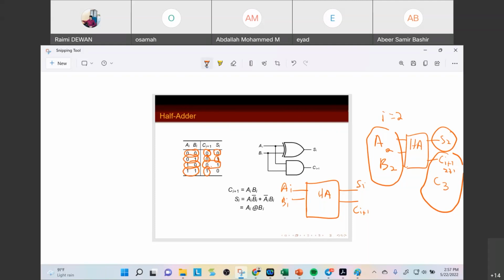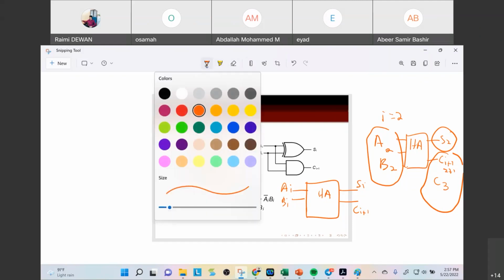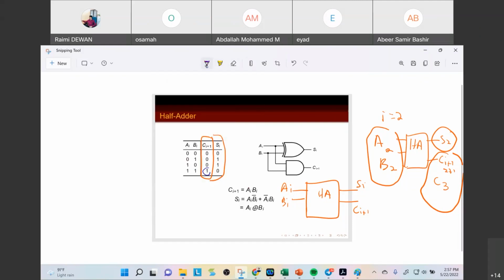And then the next, of course, they want us to do the circuits, the equivalent circuit. So you see the relation here. What is the one that has the output of 1? Only this one and only this one. Let's say for the CI plus 1, only this one has the output of 1.